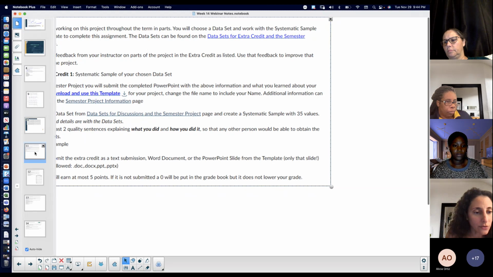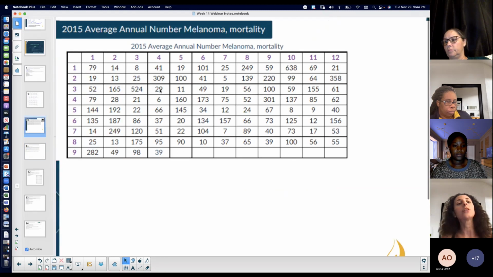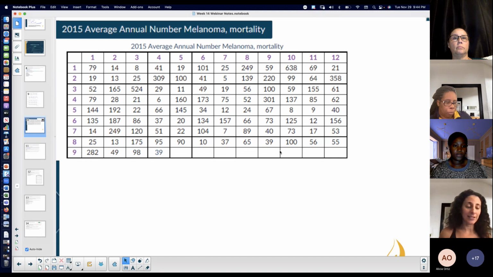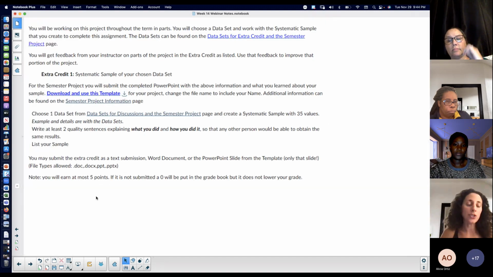I chose for this particular example, this one, 2015 average annual number of melanoma mortality. This is technically my population. I have to choose a sample from this population, and I'm going to have to select the sample systematically. It's a systematic sampling method, which deals with finding a starting point and selecting every nth. And I'm guided as to how I should do that.